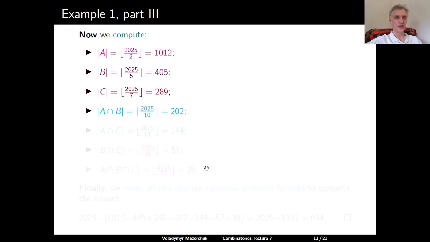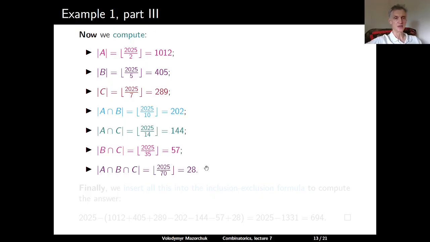The cardinality of A intersection with B is 2025 divided by 10, the floor function, that's 202. The cardinality of A intersection with C is the floor function of 2025 divided by 14, that's 144. The cardinality of B intersection with C is the floor function of 2025 divided by 35, that's 57.